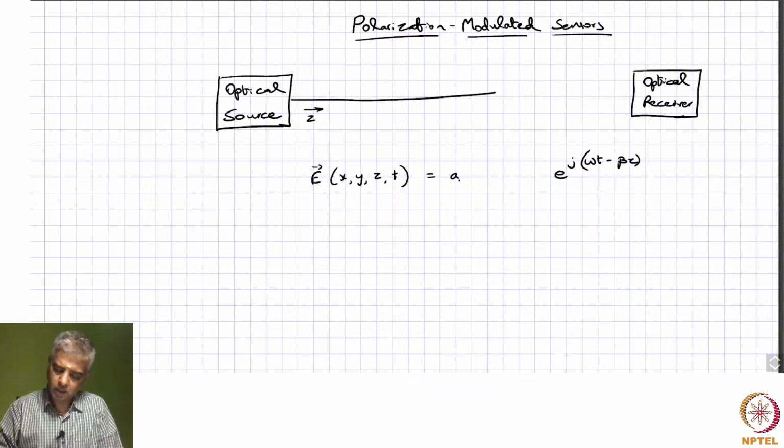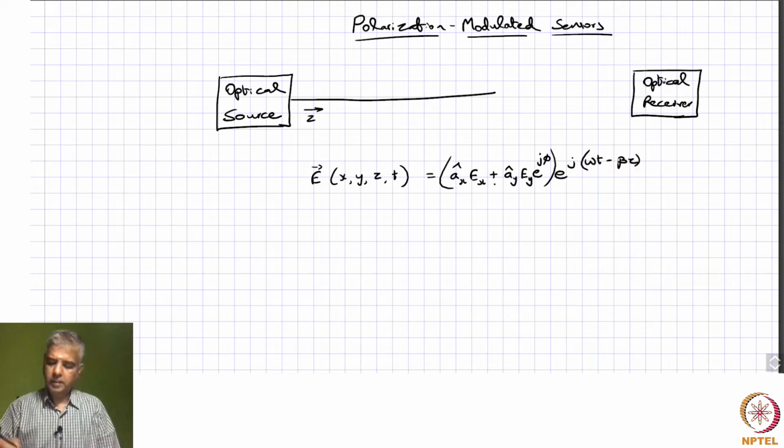So you can talk about, let's say, Ax ex plus Ay ey. And in general there is no rule that the x and y components have to be in phase.